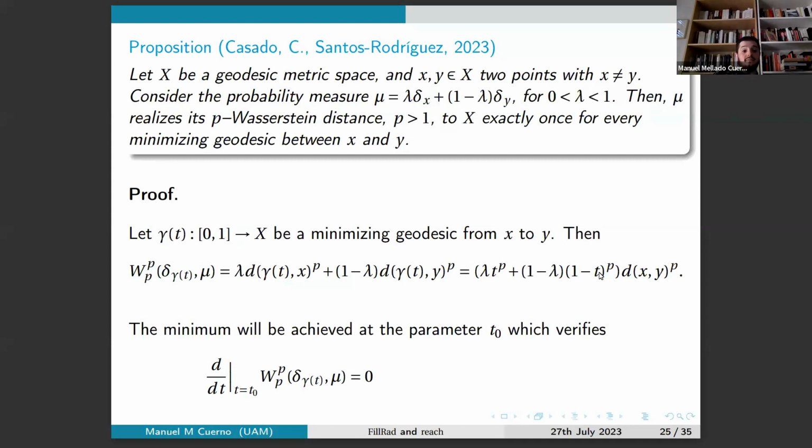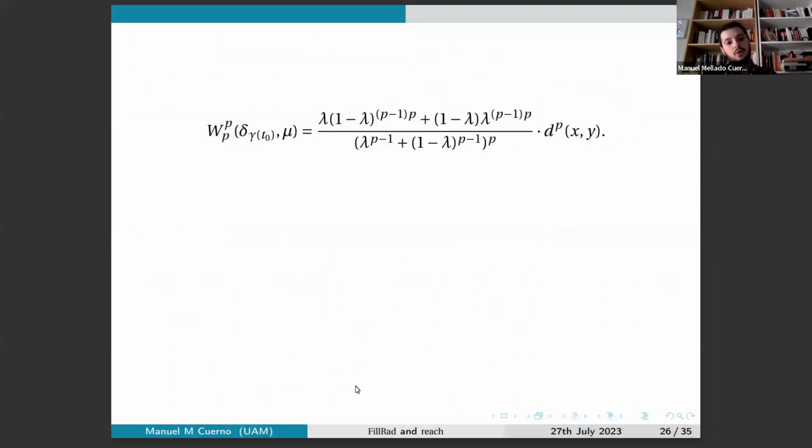For that, we can take the derivative in t, as in calculus 1. And we find the value where the derivative is 0. In the paper, we prove that at this value, this quantity is indeed a minimum. And we have this huge expression.